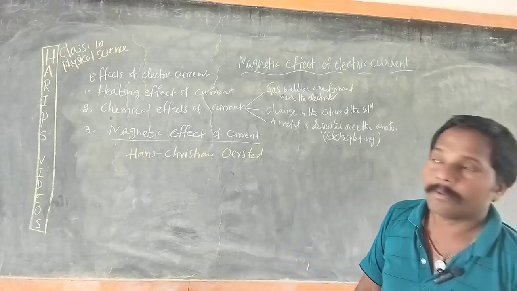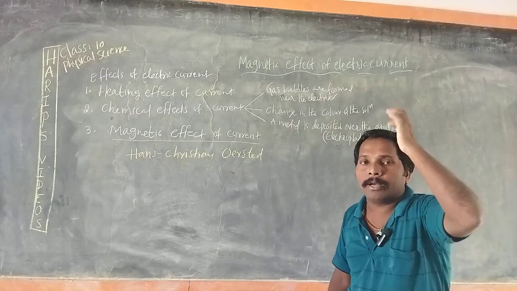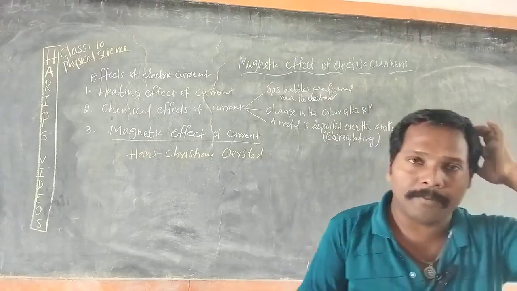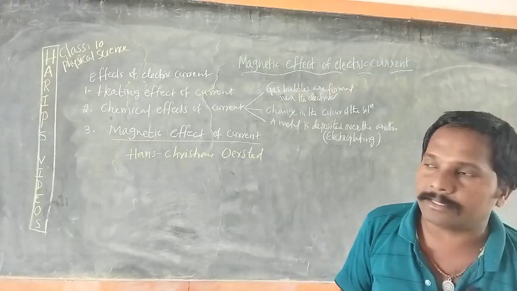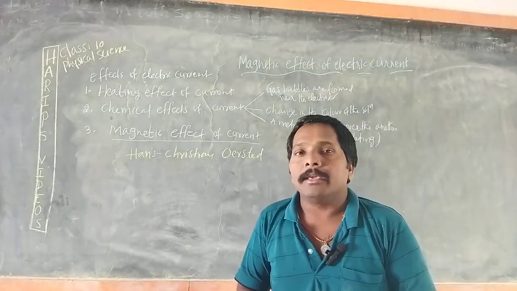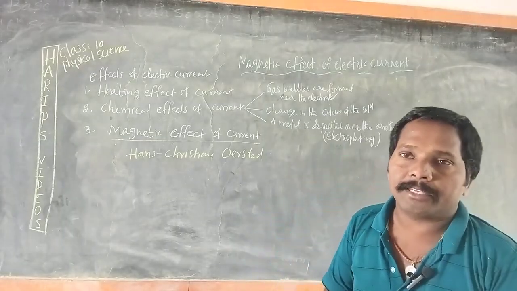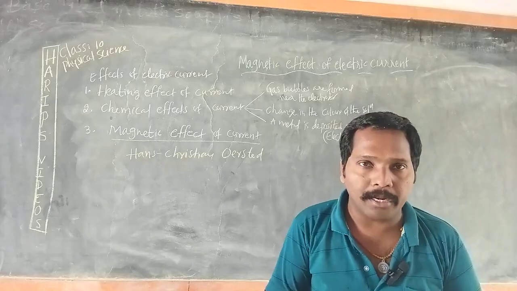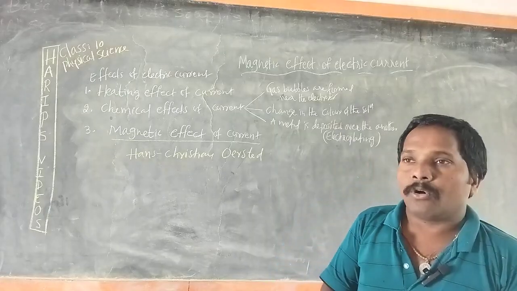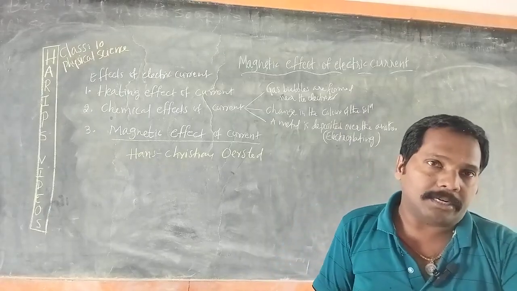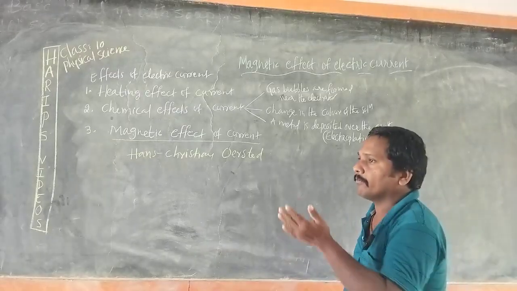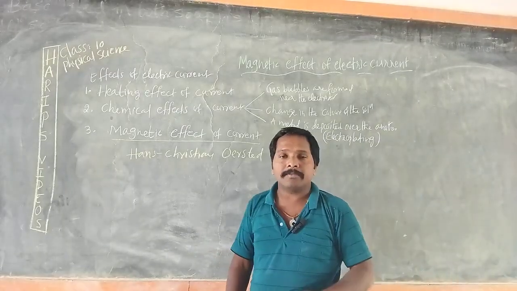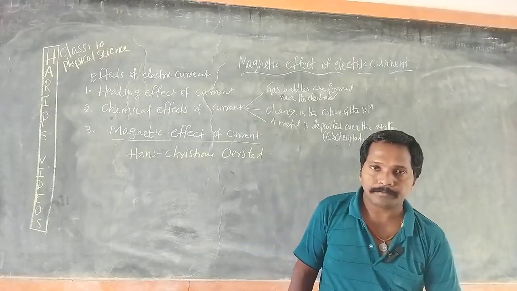Ørsted was giving many lectures in different places, and during that time, in April 1820, he carried out an experiment that was never performed before.